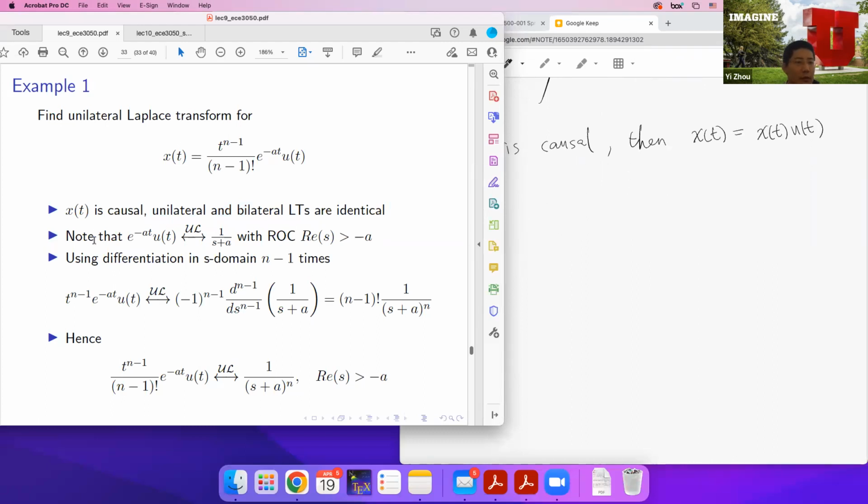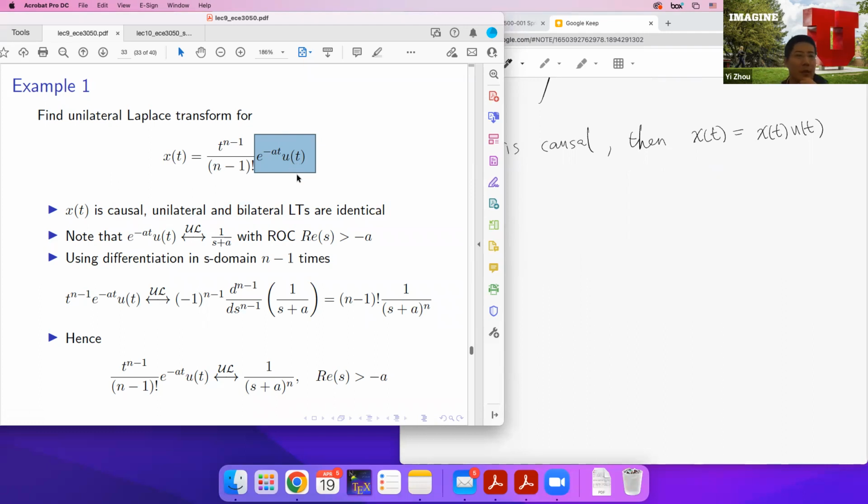Here are the steps that we can follow to find the unilateral transform. This signal is familiar to us, and we know its standard Laplace transform.